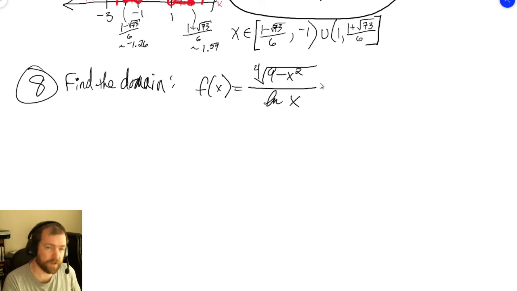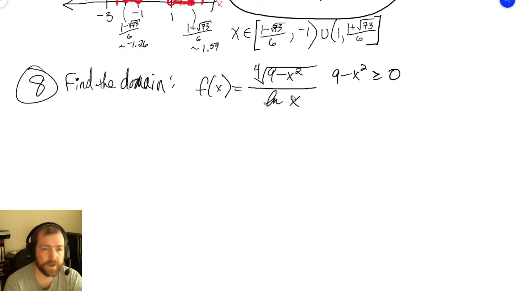All right, now this particular one becomes rather interesting because we've got a couple of problems that exist. First of all, this is a fourth root, so all the stuff on the inside of the radical must be non-negative. So 9 minus x squared must be greater than or equal to 0. That's okay.